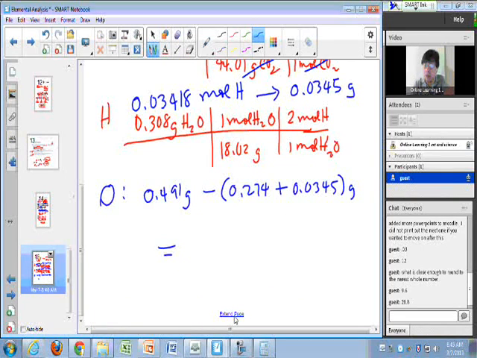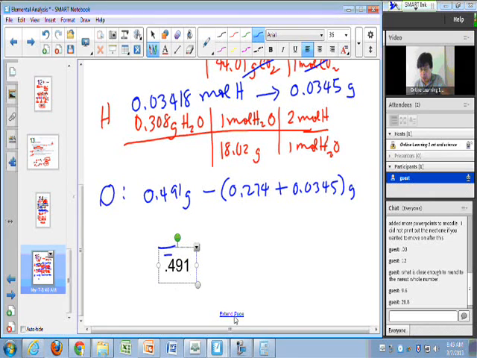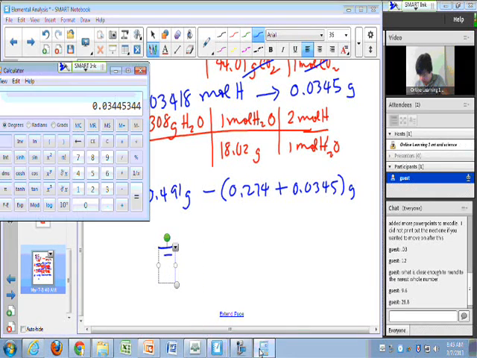I need a calculator. 0.491 minus 0.274 minus 0.0345 gives you 0.1825.